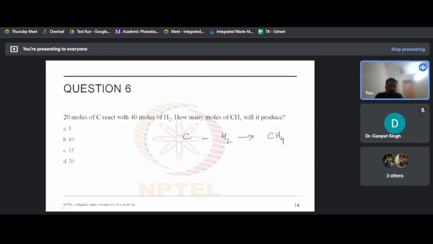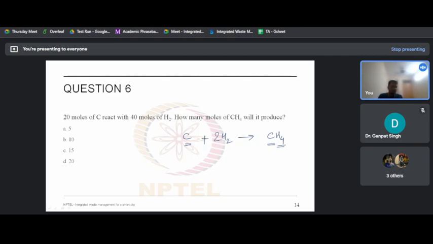So now we will need to balance the equation. Here we can see there is 1 mole of carbon on each side, so that is balanced. Then we have 4 atoms of hydrogen on one side, but only 2 atoms on the other. So we'll multiply this with a 2. Now there are 4 atoms of hydrogen on both the reactant and product side.